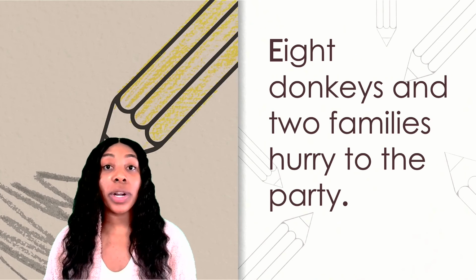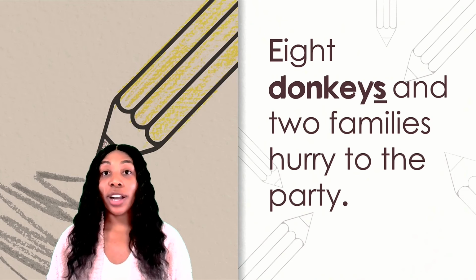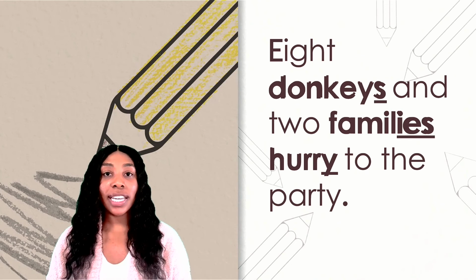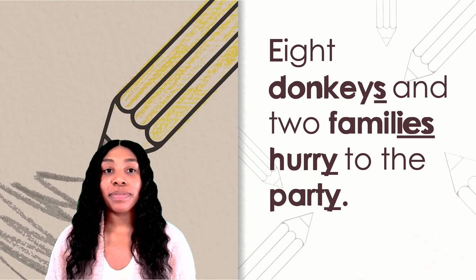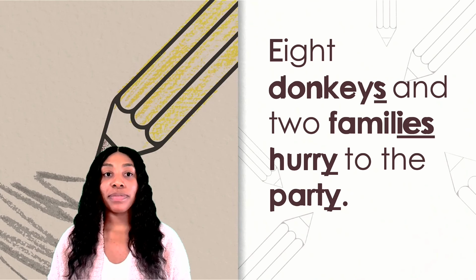Let's take a look at the words with the Y and IES endings that I used. We have donkeys, families, hurry, and party. Let's try to read the entire sentence together. 8 donkeys and 2 families hurry to the party.